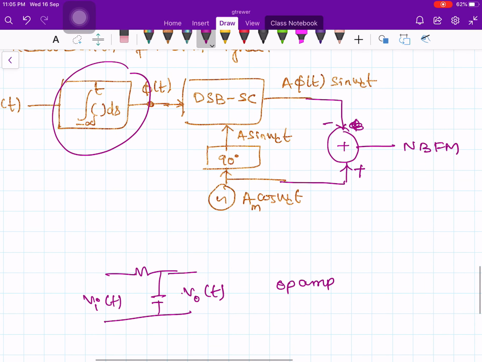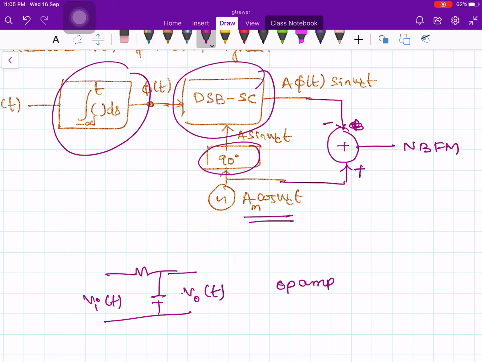And after this integration, followed by a DSB-SC modulator, in which the carrier is a 90-degree shifted version of the carrier that you started with. Let's say you have an oscillator which produces A cos omega ct.